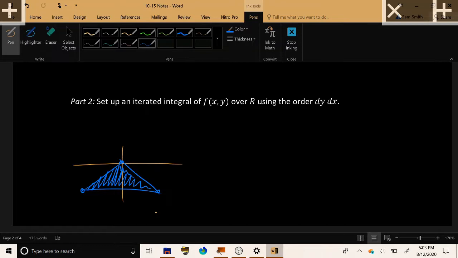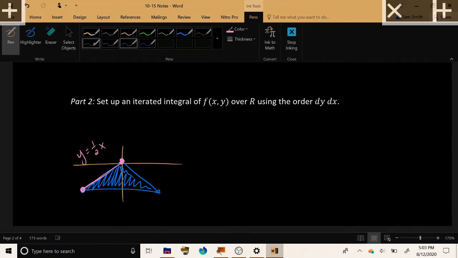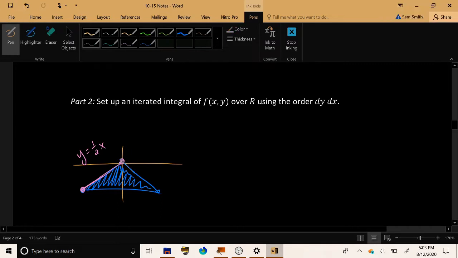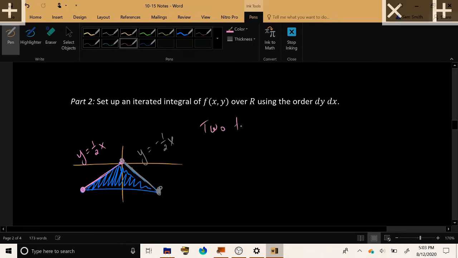The problem is that at about the halfway mark through the region, the top function changes from y equals 1/2 x to a different top function of y equals negative 1/2 x. So we have two top functions.